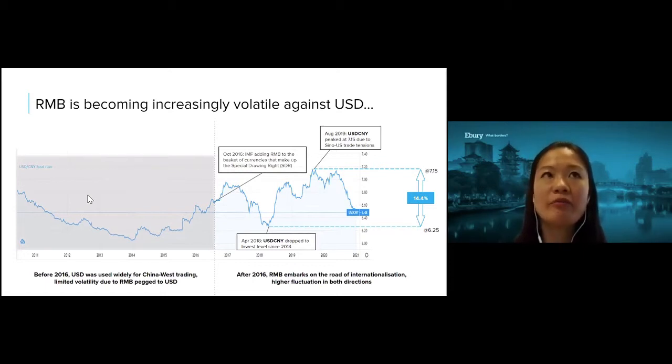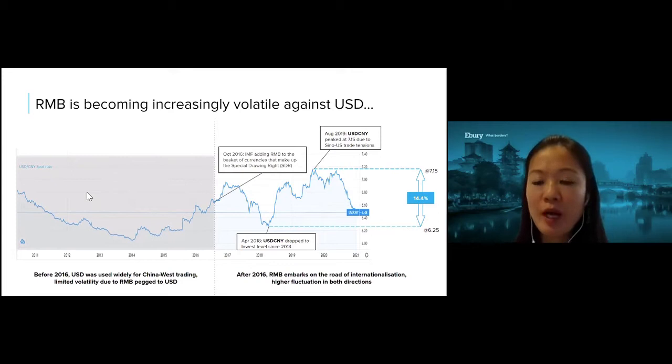That was a very important milestone, because it had been quite a few years since any currency was added to this basket of special drawing rights of the International Monetary Fund. Also, the RMB was no longer pegged only to USD, but to a basket of currencies that included G3 currencies, the Swiss franc, and the Japanese yen as well.